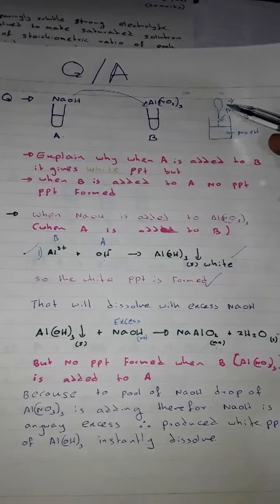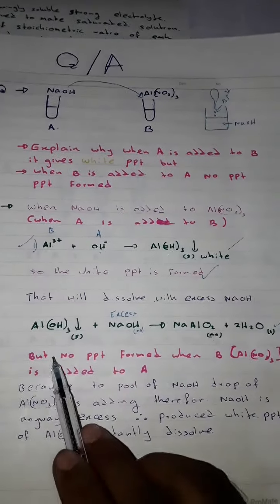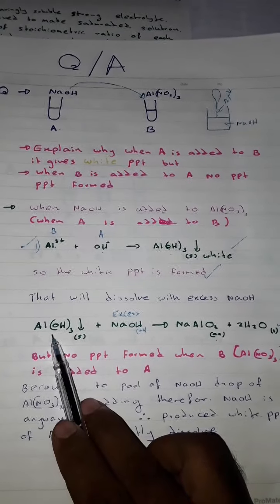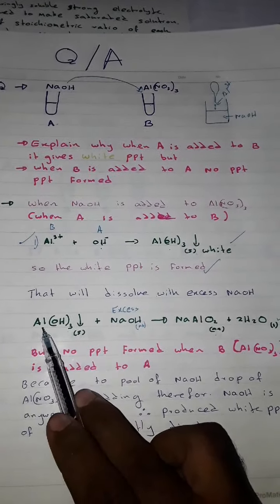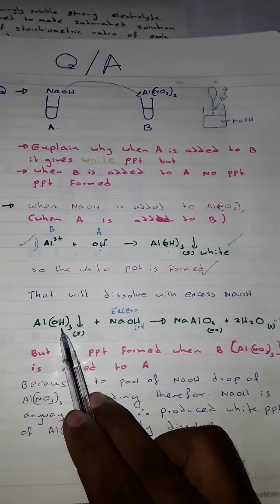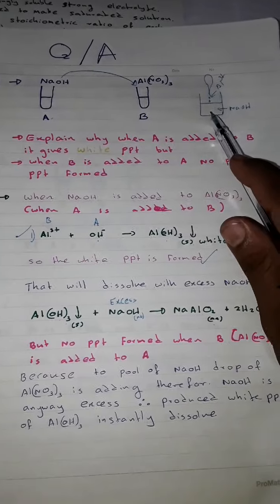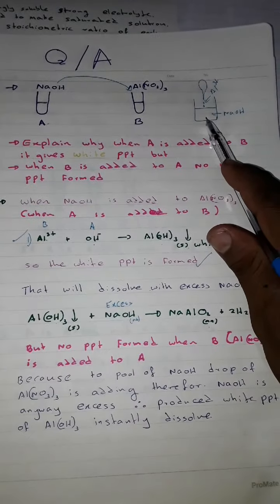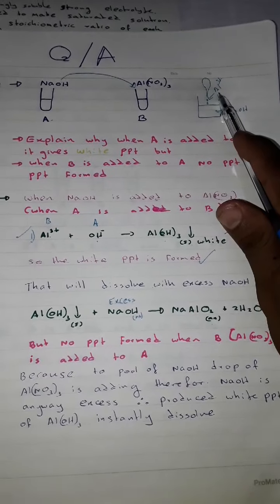But the thing is, it is already present in excess sodium hydroxide. That means instantly, just after Al(OH)3 is produced, it is already in excess sodium hydroxide, because there is a pool of sodium hydroxide for a small drop of aluminium ions.